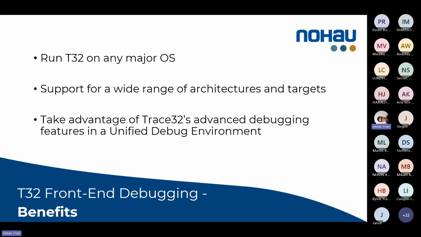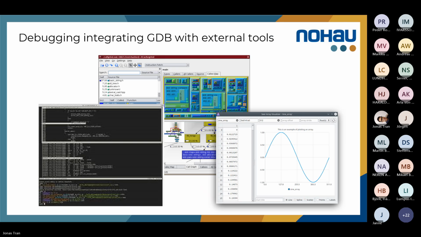So let me change the slide to show an example. Here we have GDB as an example. So it's a command line based debugger. You can take a look at the lower left picture. That's how it looks. And GDB doesn't have support for trace or profiling in its standalone form.